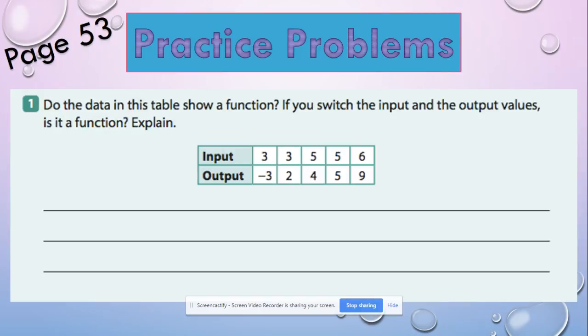Here we have another table. We'll call this example 4. Again, I would like you to look at this table and tell me, is it a function or is it not a function? Feel free to rewind and re-listen to the video.